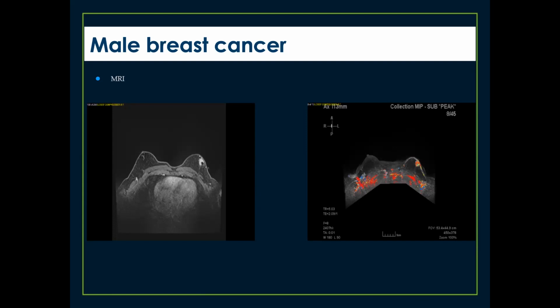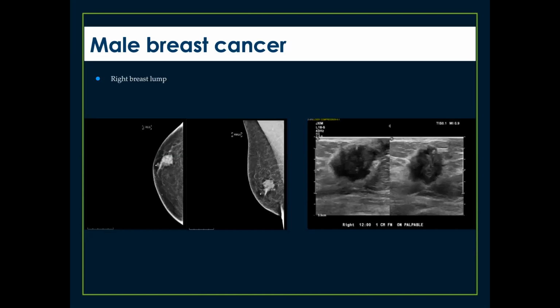And this is all consistent with the diagnosis of male breast cancer. Here's another example on the right side, somewhat larger, irregular, high density, suspicious mass eccentric to the nipple, with ultrasound demonstrating similar suspicious findings.